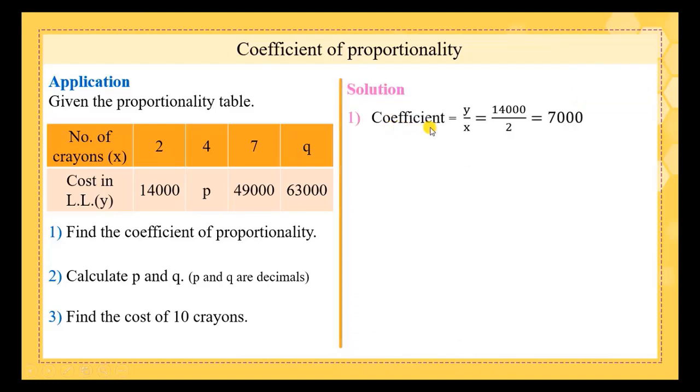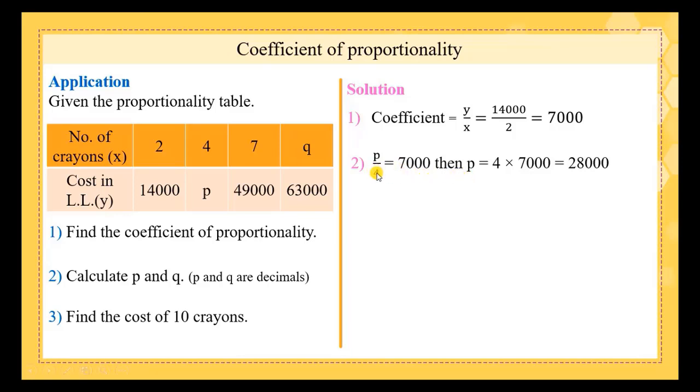To find the coefficient, calculate y over x equals 14,000 over 2 equals 7,000. To find p, use the second ratio. That is, p over 4 is also equal to the coefficient because we have a proportionality table.